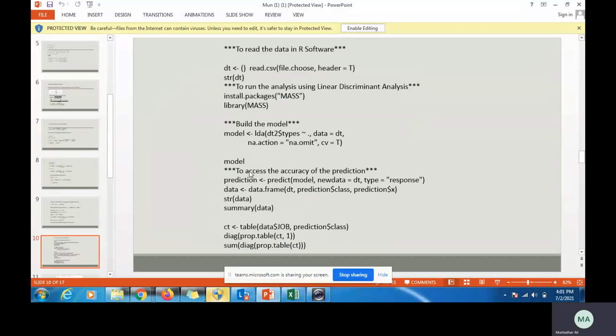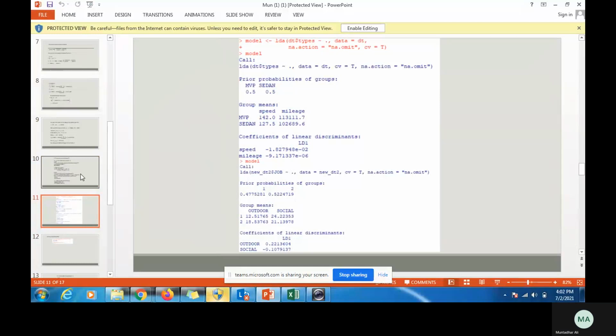To check the accuracy of the prediction, we need this code: prediction, predict model, newdata equal to dt, type response, data frame. Then we need to summarize the data. We got these results. For the prior probabilities of the groups, MPV and sedan are 0.5, 0.5.